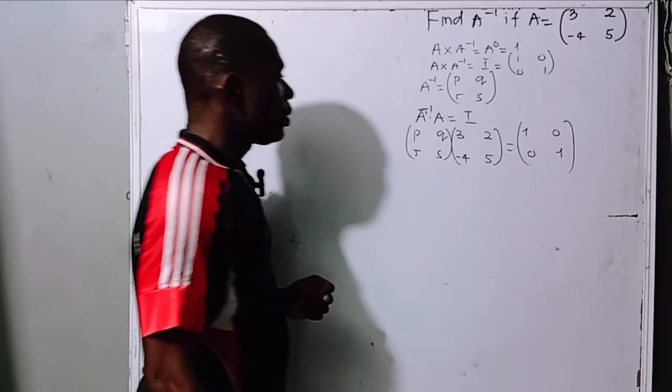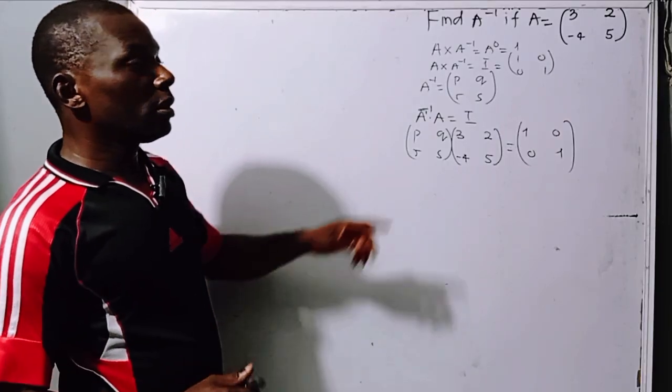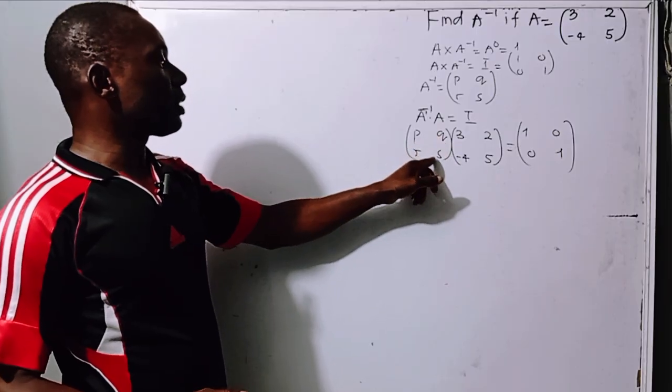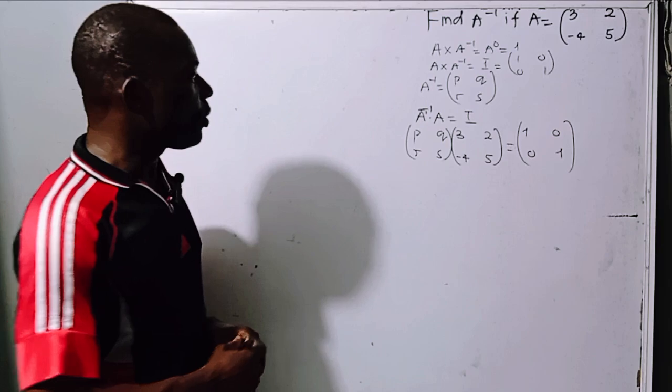So from here, we will try and find the numerical values for P, Q, R, X. Now, what do we do here?